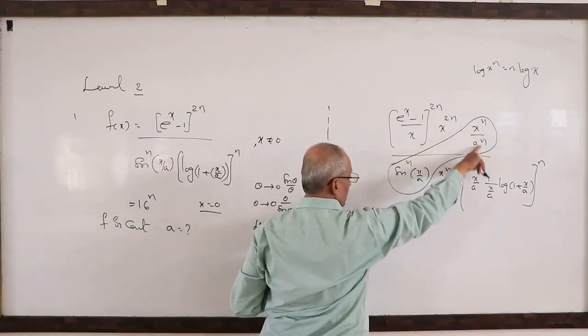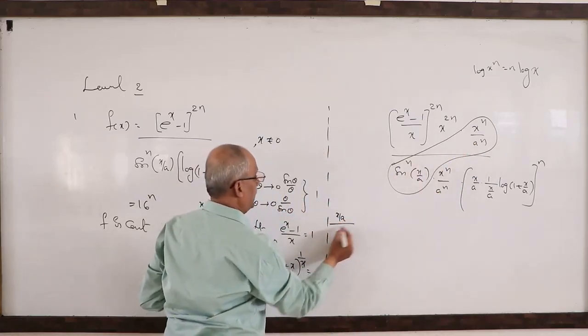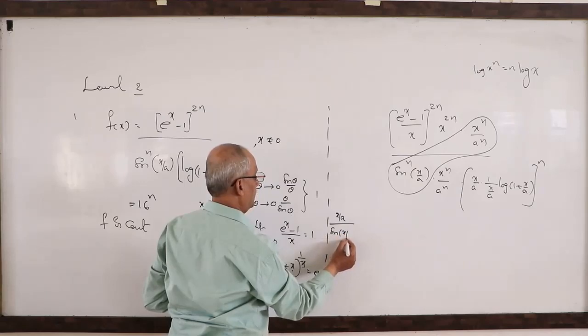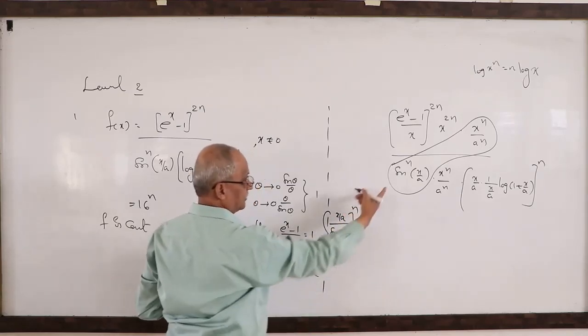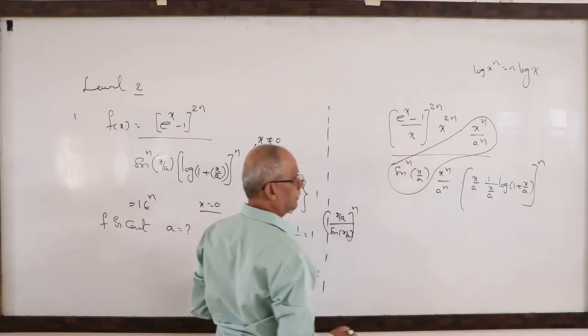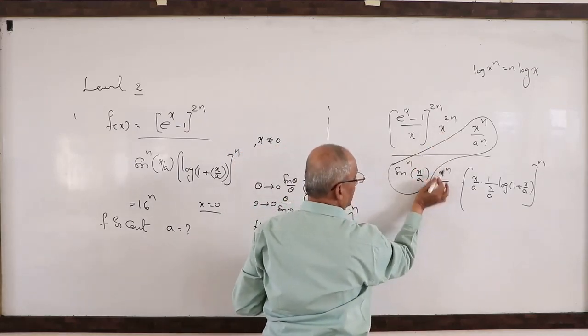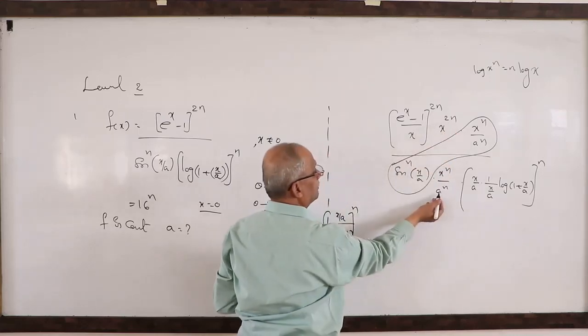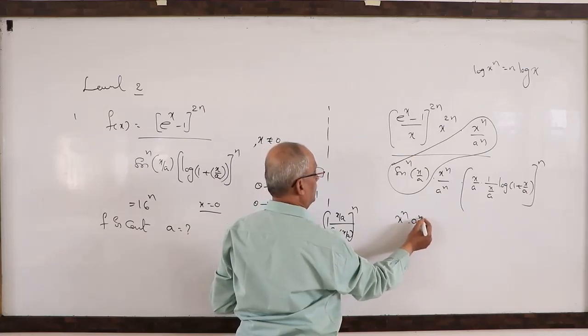Combined power here, x by a by sin of x by a whole power n, that is the meaning. So this is 1. Then here x power 2n, x power n, one x power n cancel. This will go to numerator. X power n, a power.